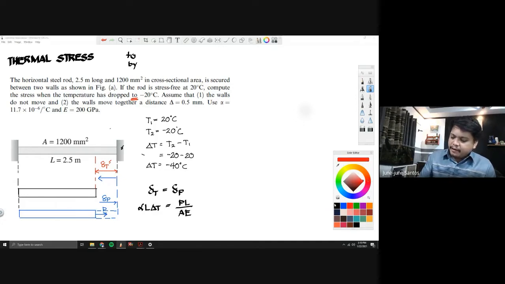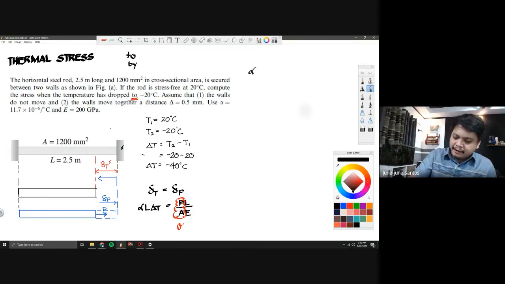Again, this term P over A is actually sigma or our stress. So, we will be having here alpha L delta T is equals to sigma L all over E.